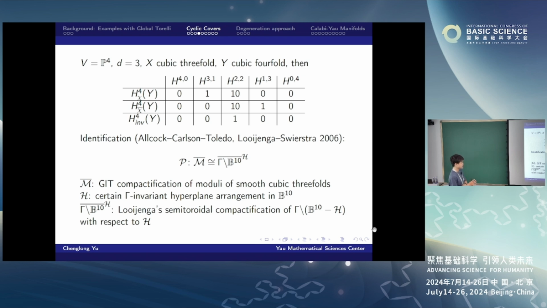If you consider the ring of modular forms and take the Proj, then you will get a projective variety which is the Baily-Borel compactification. That's also how people prove that the Baily-Borel compactification is projective.